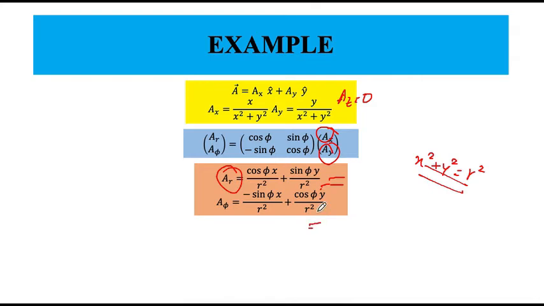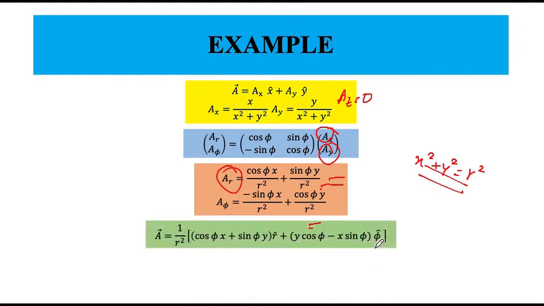Okay, now let us write down the vector in the cylindrical coordinate system. This vector in cylindrical coordinate system will be equal to 1 by r square, which is a common factor coming out everywhere. So I can take out the common factor and I have x into cos phi plus y sin phi along the radial direction r.